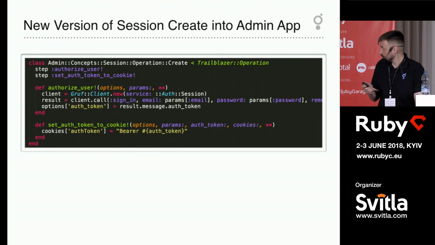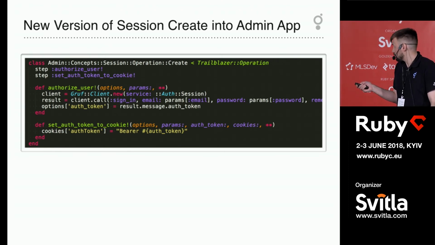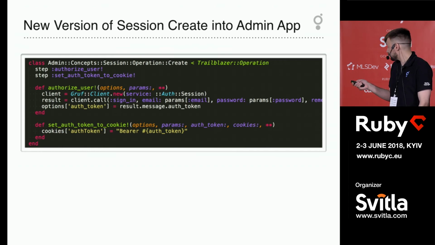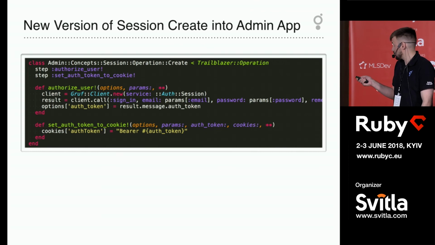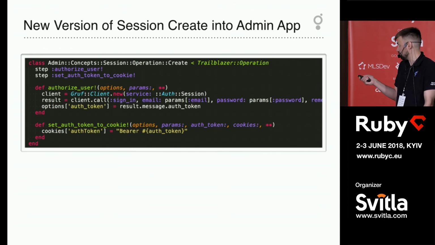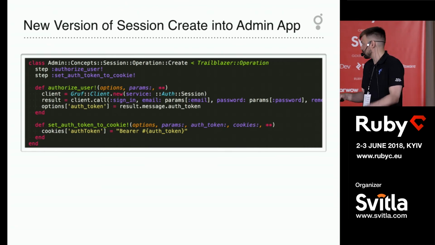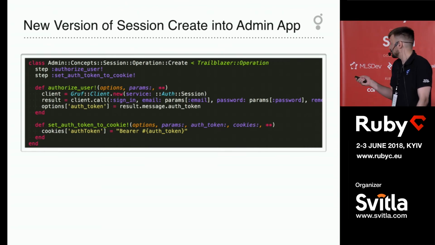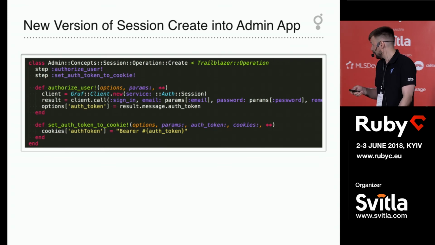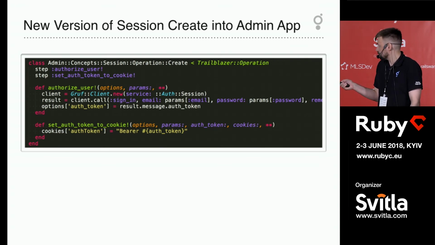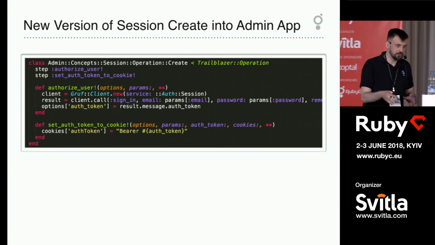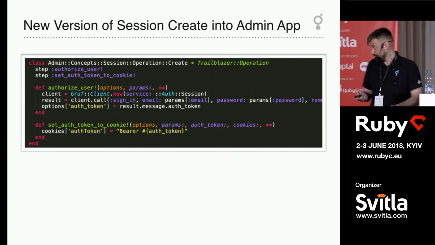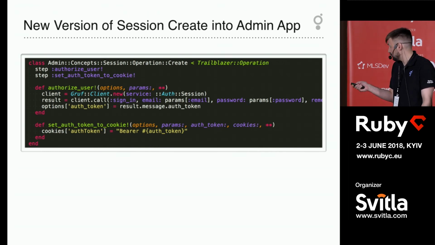So we just need to start to use a client, and we just need to say we plan to use a specific service, authentication session, and we just need to call this client and provide all necessary information. In our case, it will be email, password, and a flag about remember me. And after that, we just send this request to our new application through gRPC, and we have a result.